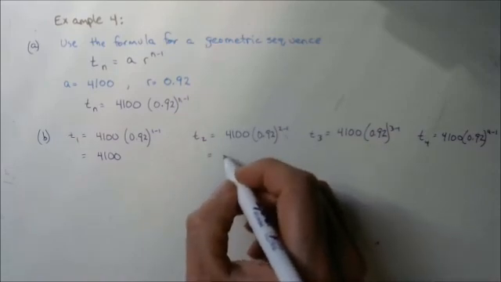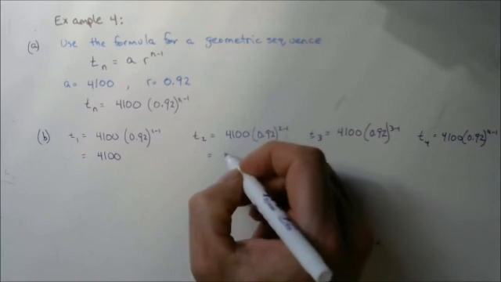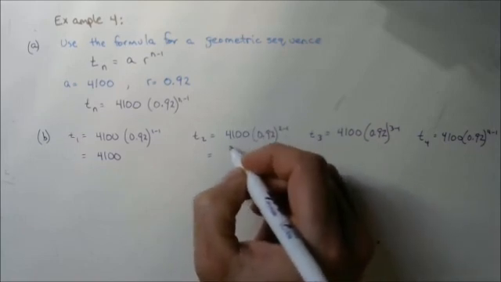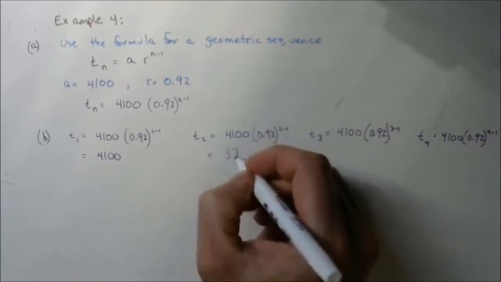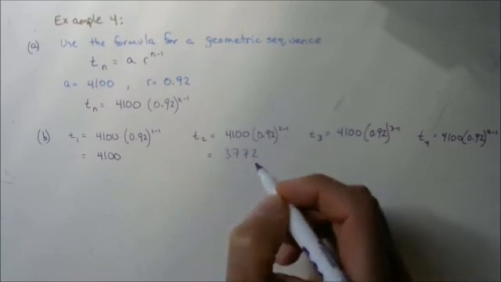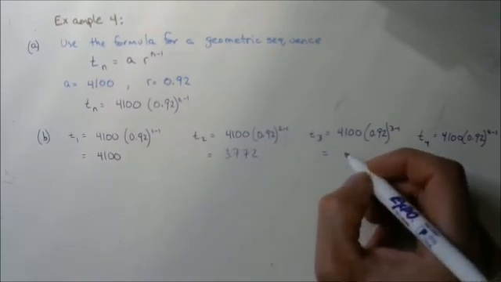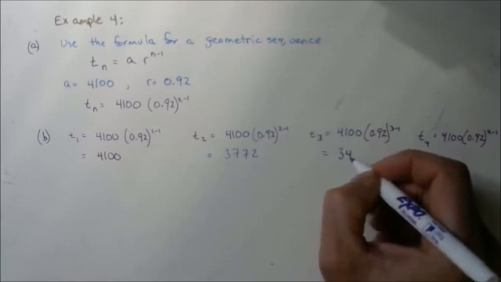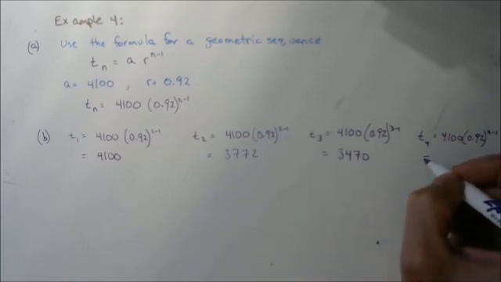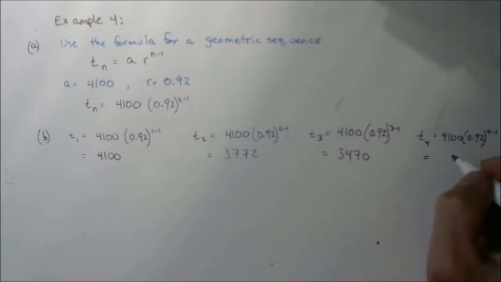And here we go. First term, 4,100. Second term, 92% of 4,100 is 3,772. Third term, 92% of that is 3,470. Fourth term, 92% of the previous term is 3,193.